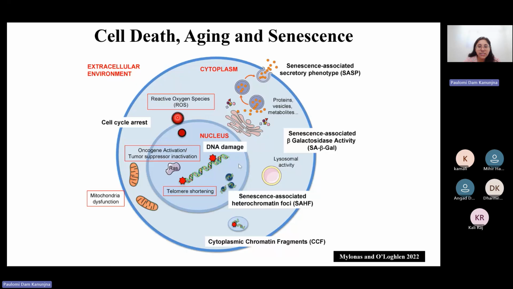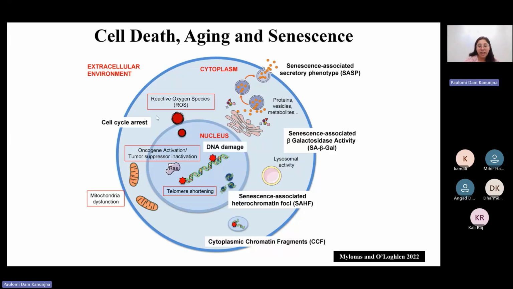All of these, along with chromatin remodeling because of associated problems like heterochromatic foci or cytoplasmic chromatin fragments. So all of these different names that you are seeing here in bold, all of these together mark the cell for senescence. They are signs, they are the true phenotype of senescent cells, right?